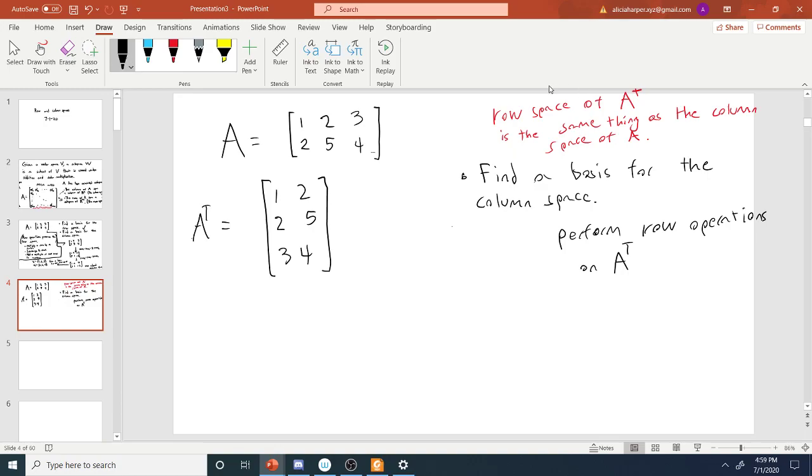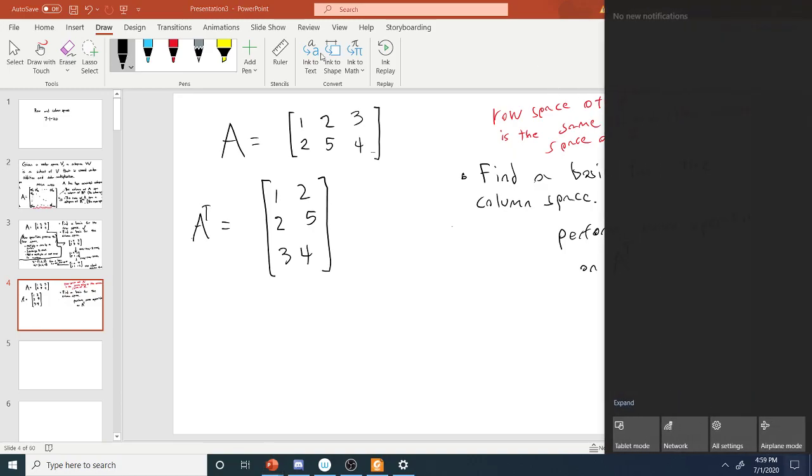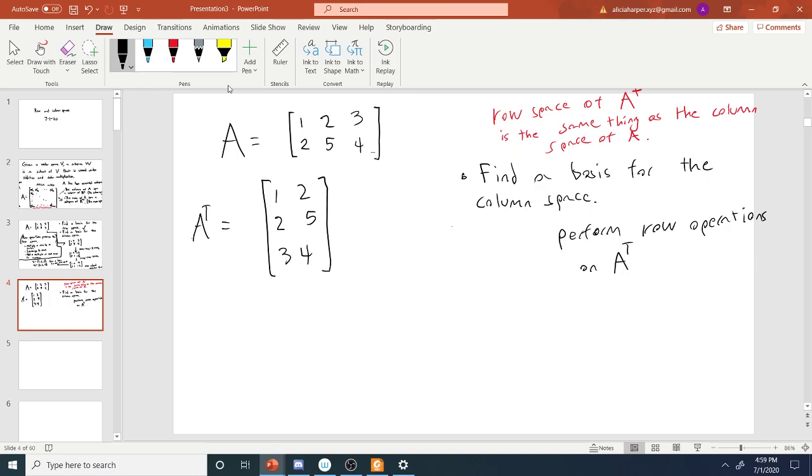But this is going to be an important fact for the rest of today. So let's compute the row space of A transpose.